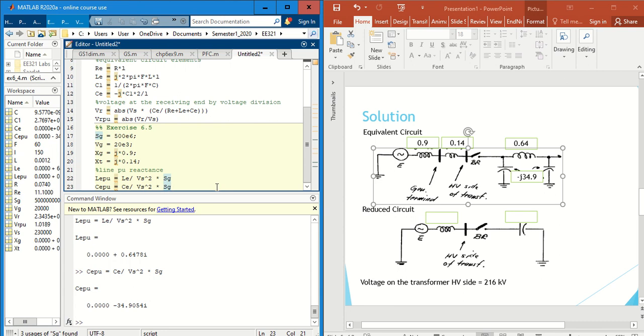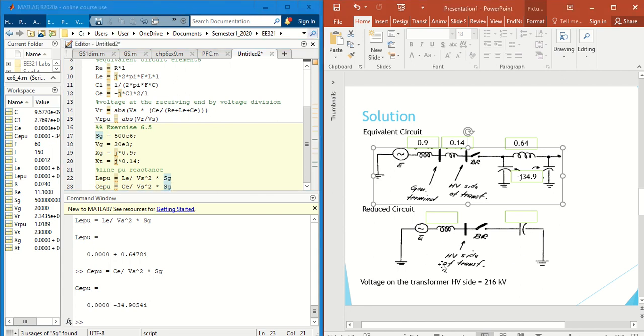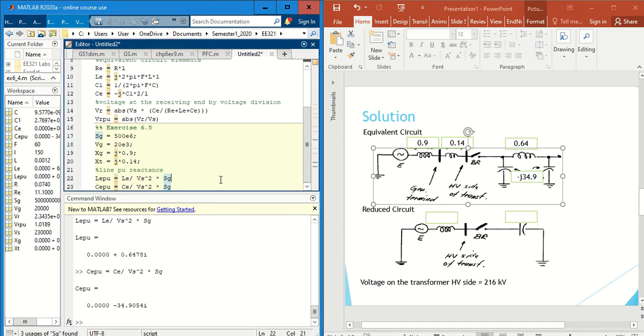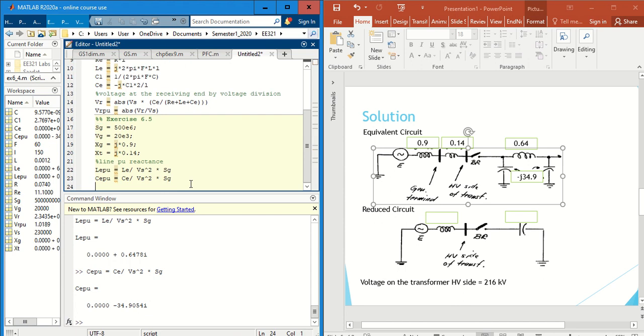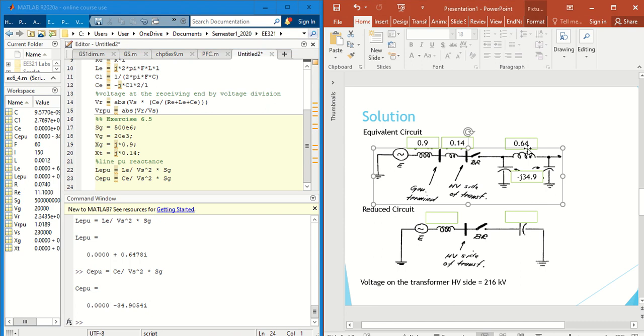Now, in order to do computation, we need to reduce the circuit to this. So how are we going to reduce it? We have to first add this impedance in series, and then whatever we find here will be added in parallel to this. Remember, each of these capacitors is 34.9.